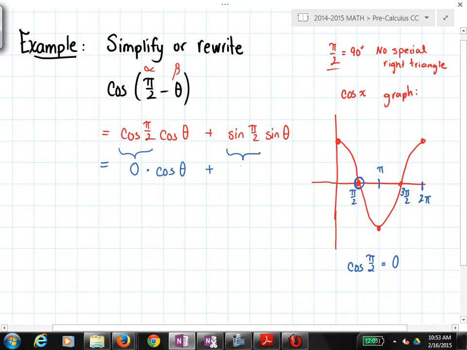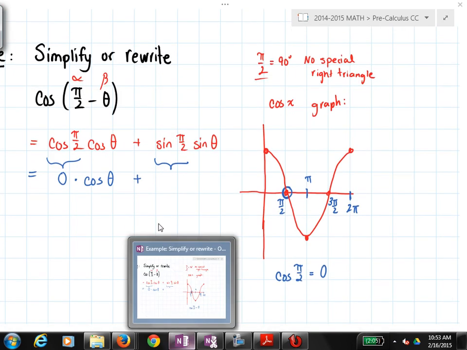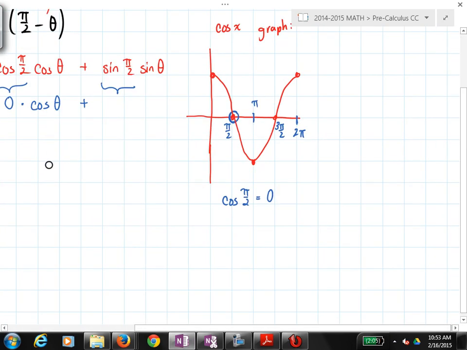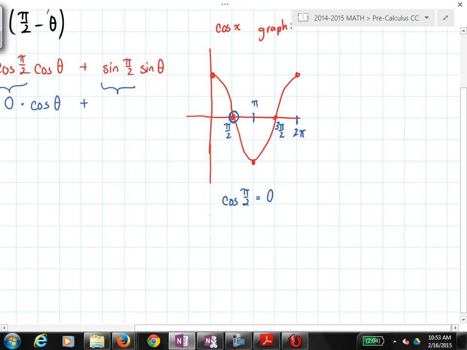So now I need the sine graph. So let's go ahead and sketch our sine graph. Sine instead starts off where? At the origin, yeah. So it starts here, goes up here. So just remember your key points.